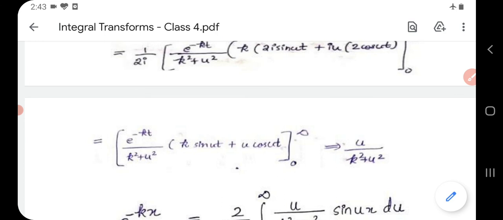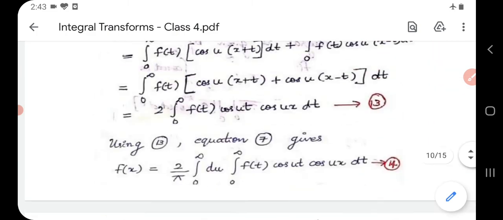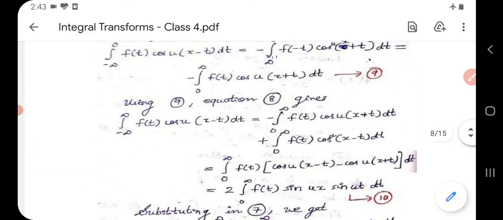Okay, don't get bothered about the derivation of Fourier integral, Fourier cosine integral and Fourier sine integral, because you will be asked only some problems to solve like this, similar problems. So try to work out similar problems that I have shown here as much as you can. Okay, so today itself you try to work out these two problems. Okay, thank you.